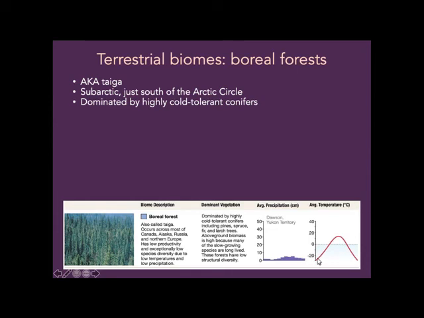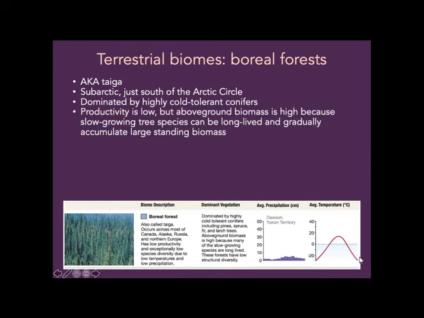So the average temperature is mostly below freezing and then just gets above freezing for a little bit of the year. The productivity is very low, right? However, if you were to measure the above-ground biomass, you'd find that it was very high because these slow-growing trees live for a really long time, and so there's lots and lots of these trees, right? If you were to cut them down, it would take them an extremely long time to come back because they're such slow growers.